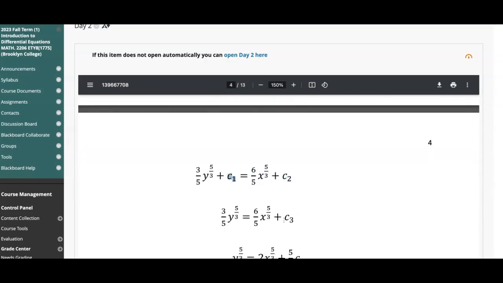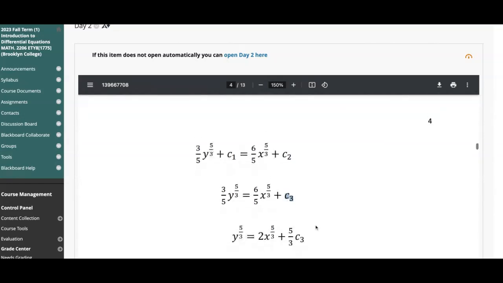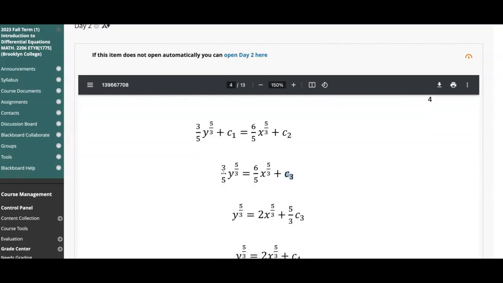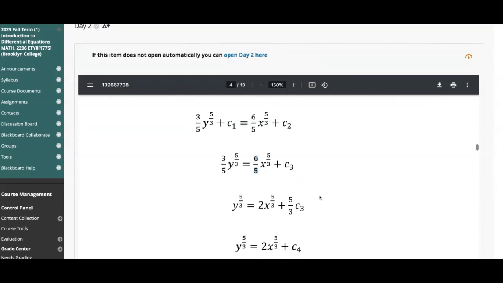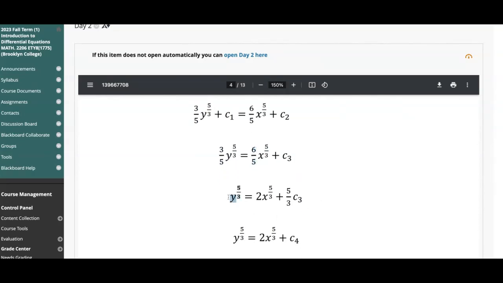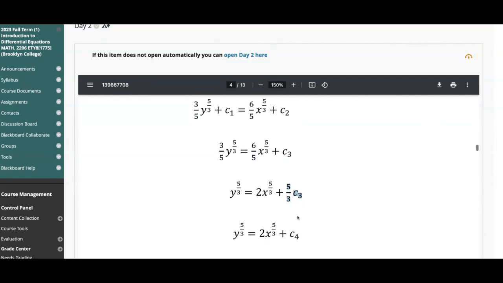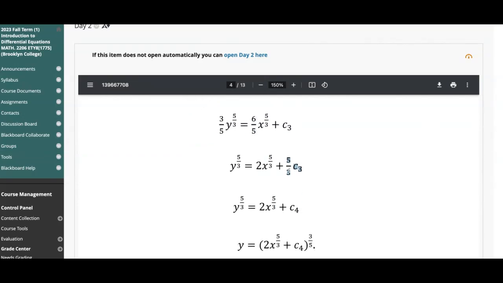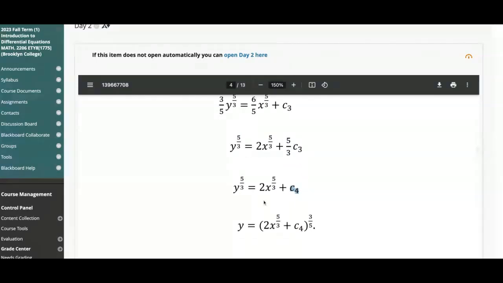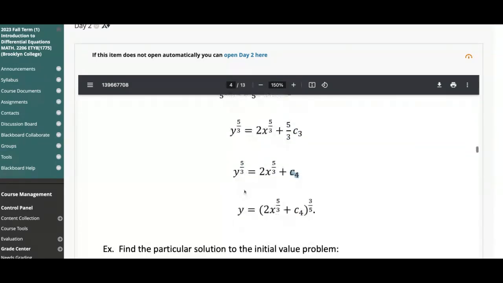We combine those two constants. Then we can simplify this equation. Multiply by 5. So y raised to 5 over 3 equals this plus a constant. Just a constant, 5 over 3, C3 is still a constant.